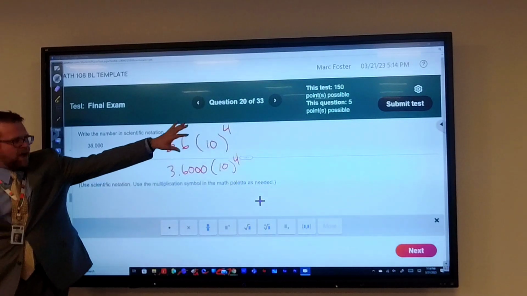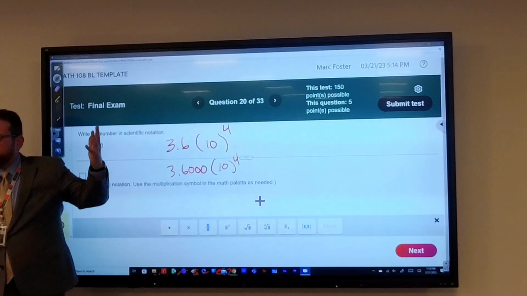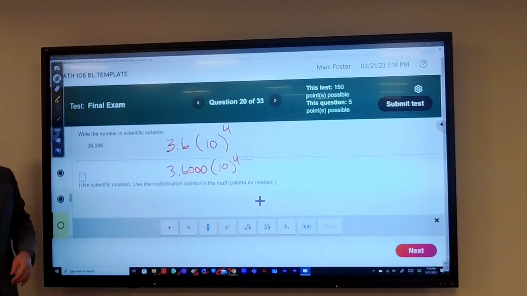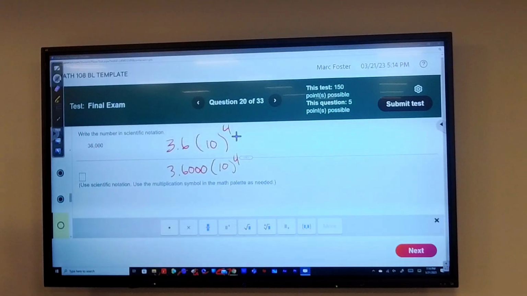But this is like about 36,000. It could be hundreds of dollars different. And so that's what we say when we're talking about significant figures. It, of course, is very important if you're doing medication compounding to know that you're paying attention to those significant figures.